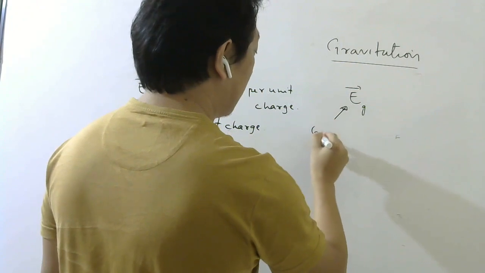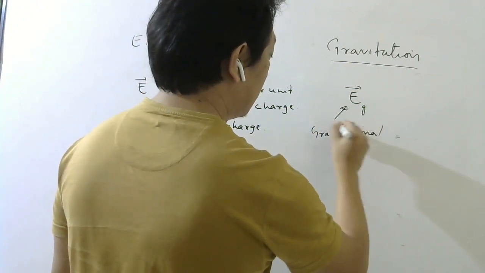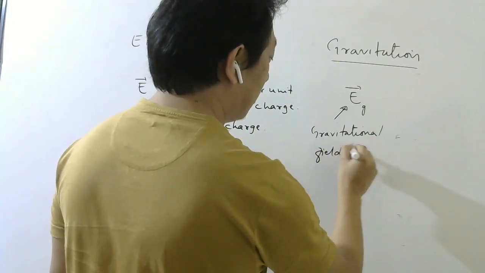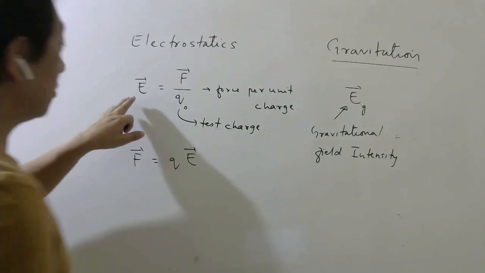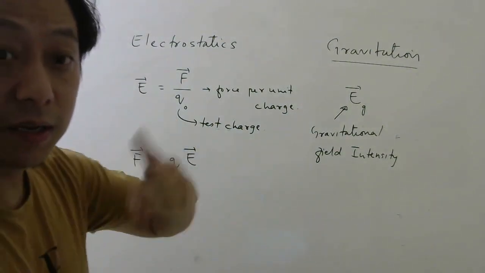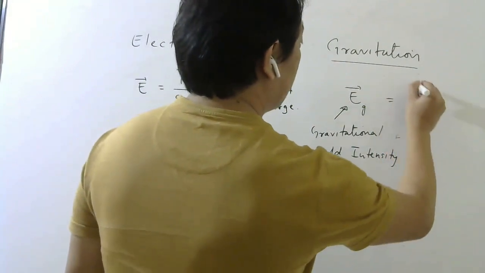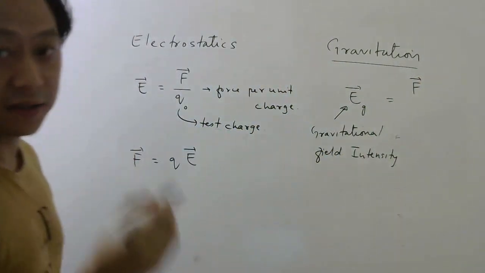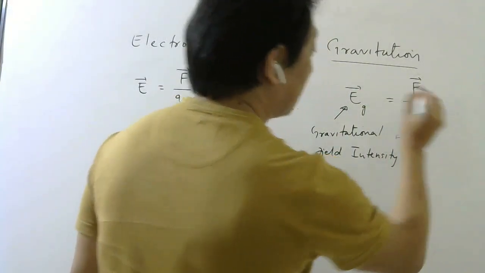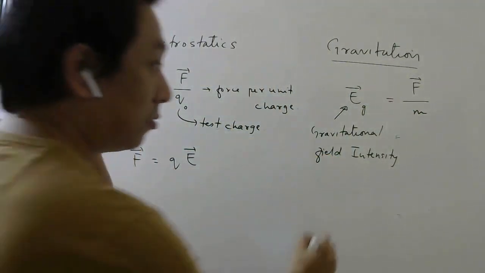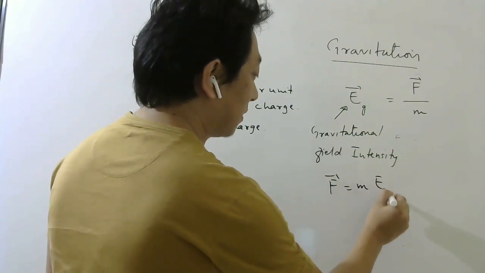This is your gravitational field, which is also called gravitational field intensity, because here also this E is sometimes called electric field intensity. So how will you define it? Force experienced by some mass, not charge but mass, divided by mass. Okay, so if you want to find force on any mass, you write m into Eg.